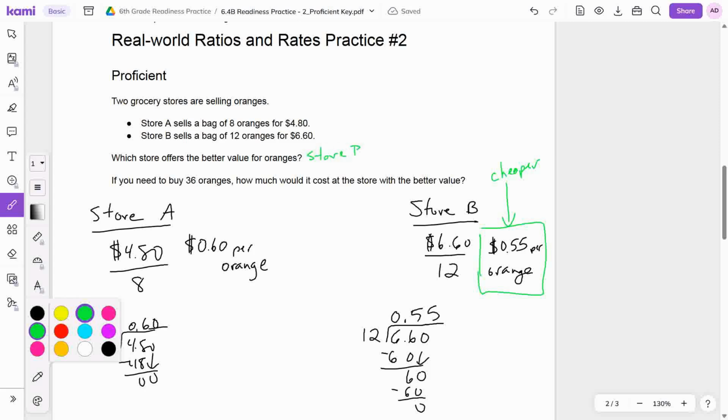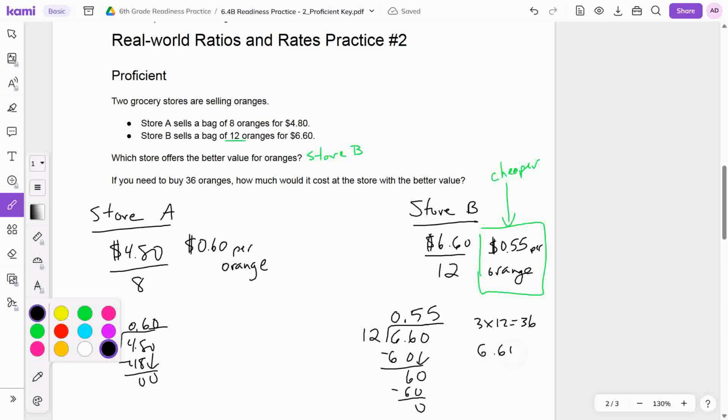Now, if I need to buy 36 oranges, right? Remember, store B has bags of 12, so I'm going to need 3 bags of 12 because 3 times 12 makes 36. All right, so that means I need 3 bags at 6.60 each.